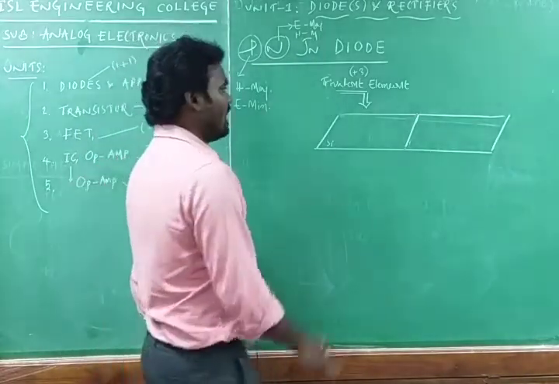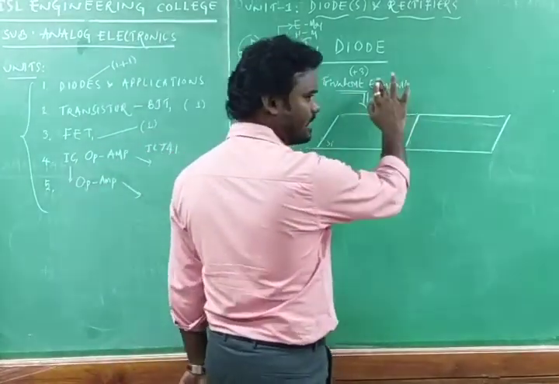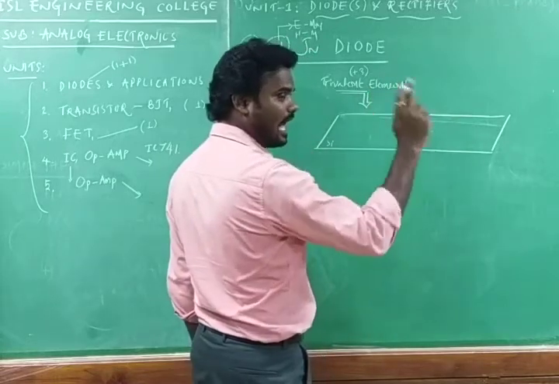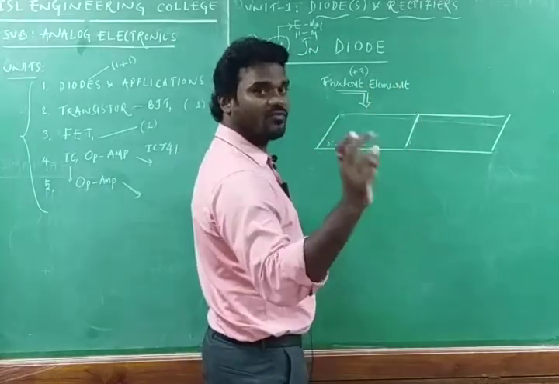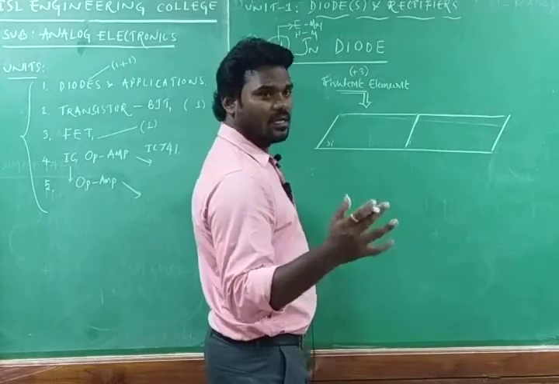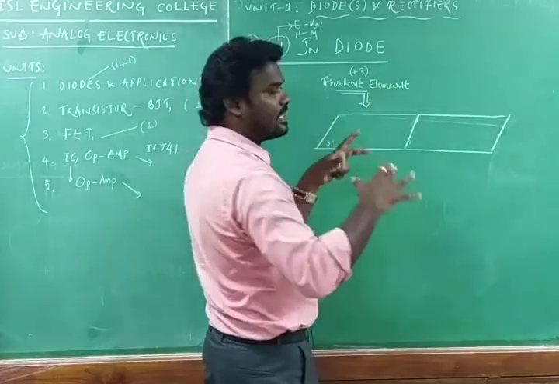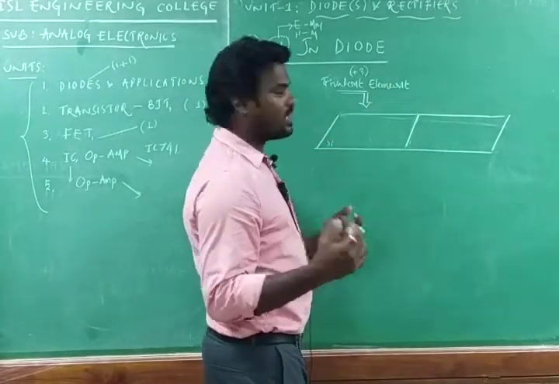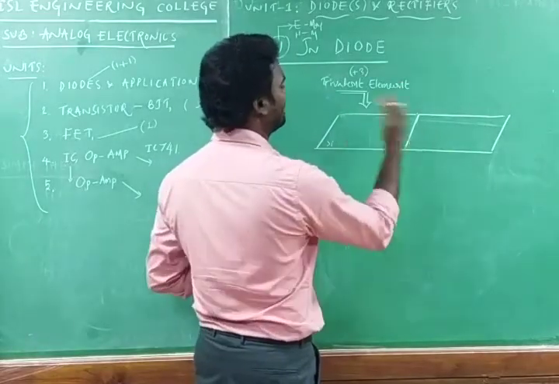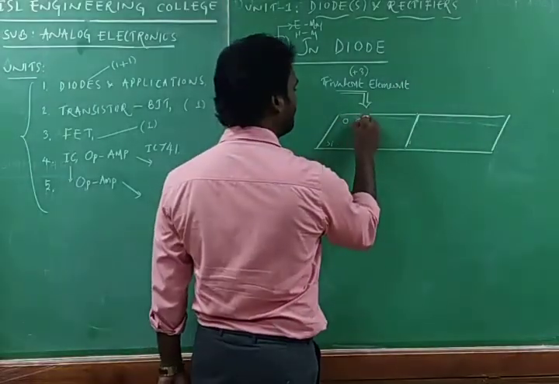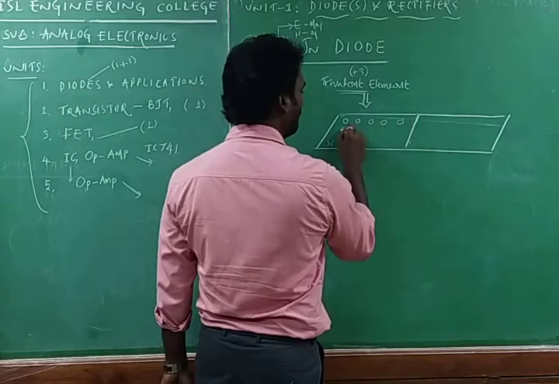So every atom will generate one free hole, and likewise the trivalent element is composed of some millions of atoms, so it will give more holes than electrons, so here holes will be more. What is the charge of the hole?